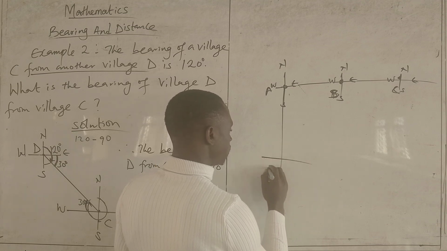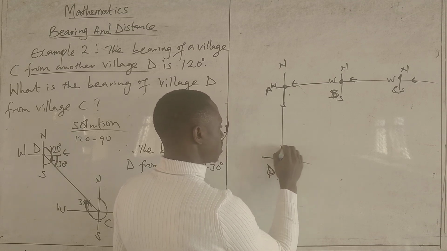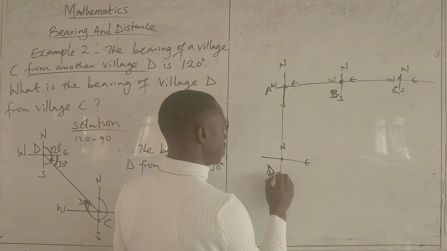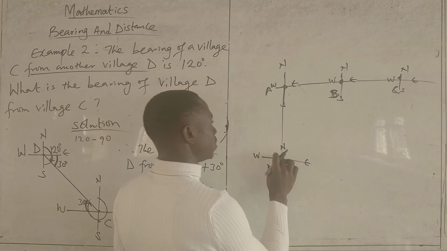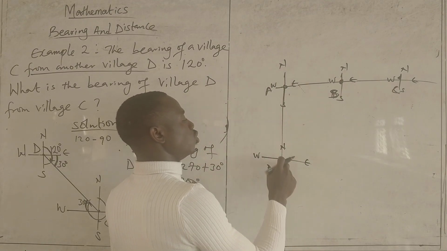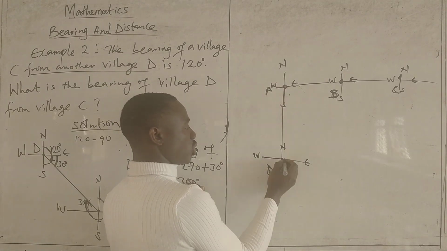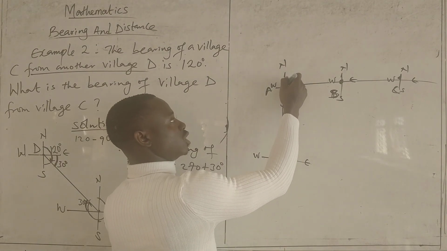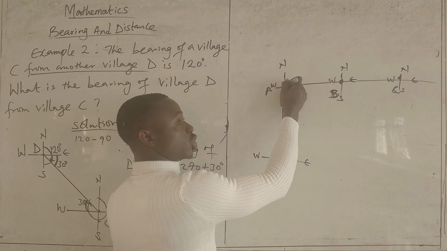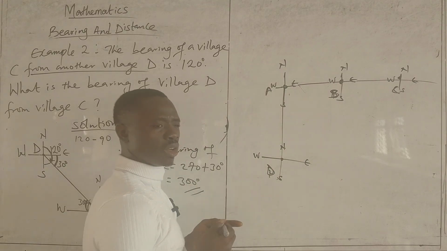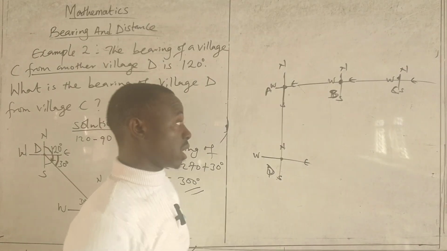Let me assume you now have another point here, point D. Here is the north, here is the east, here is the west, and here is the south. Now, if D looks up, where D is calling north, A is going to be calling south. You can see that all these points are relative.